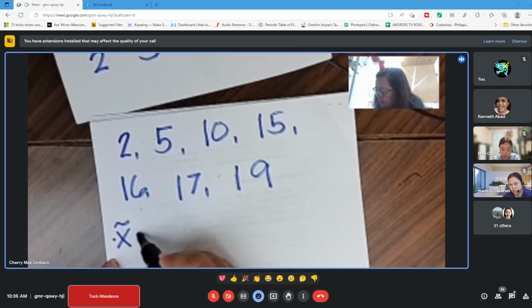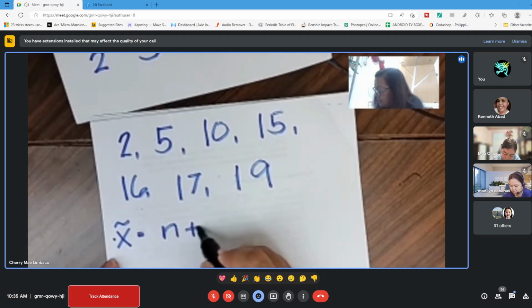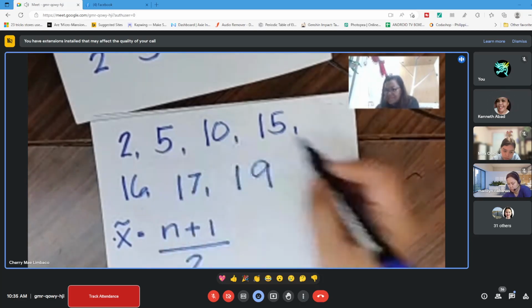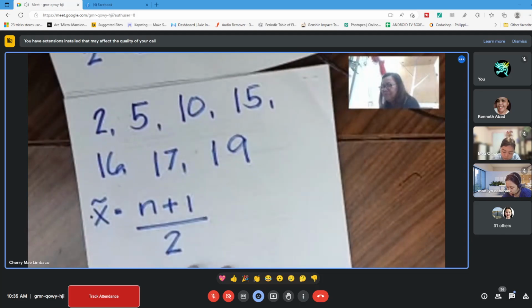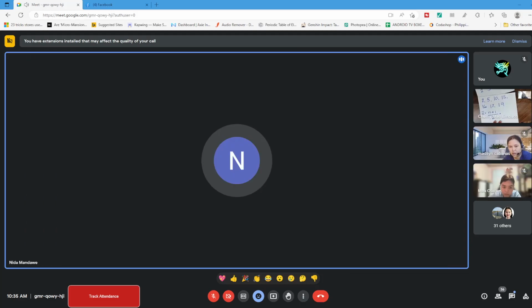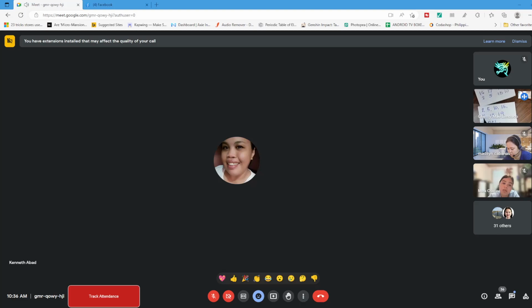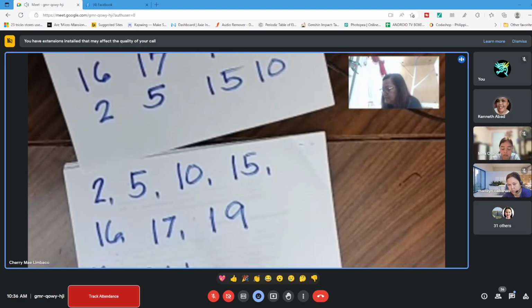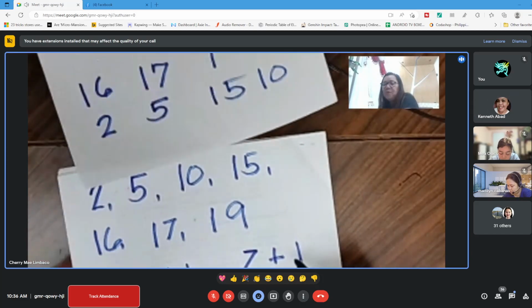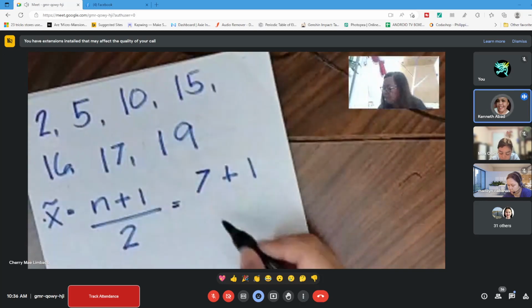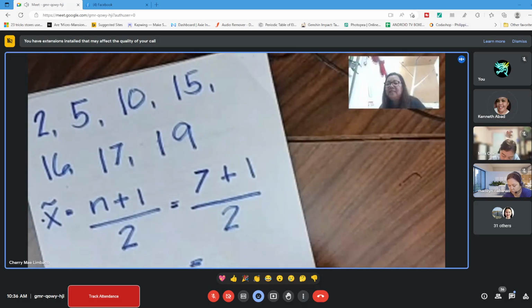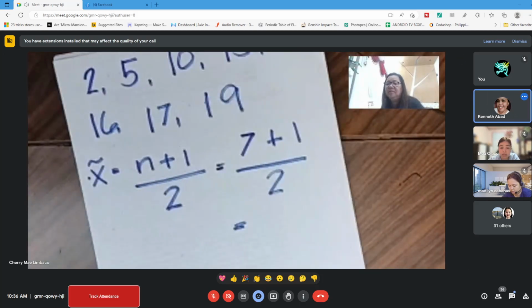Now, if I solve this following the formula, the position is equal to N plus 1 over 2. How many cases do I have here for my N? If I count, 1, 2, 3, 4, 5, 6, 7. So 7 plus 1 is 8, over 2.